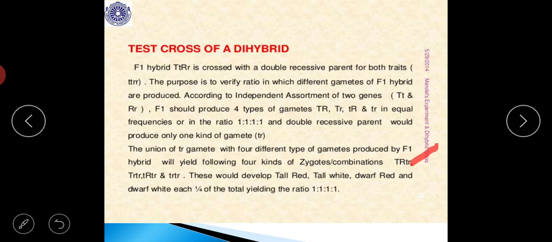And these would develop tall red, tall white, dwarf red, and dwarf white, each 1/4 of the total, yielding the ratio 1:1:1:1.